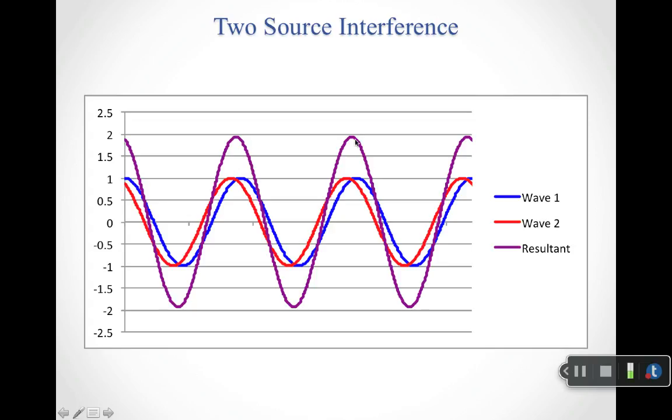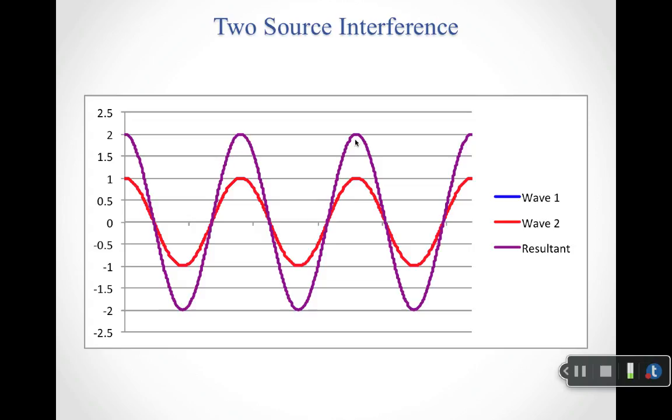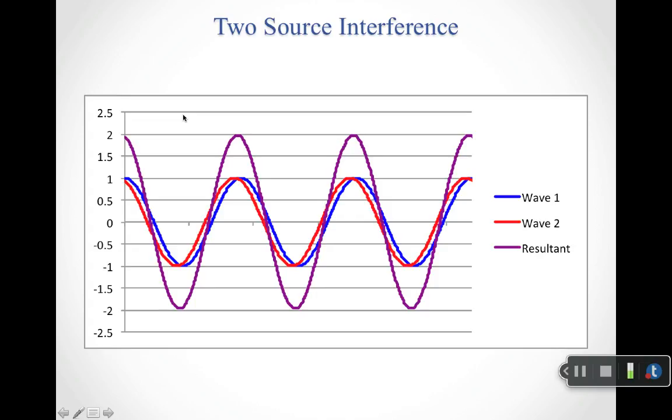Right here, since I have two identical waves, the resultant wave is twice the amplitude of my two individual waves. Let's say the scale is in meters: I had two waves with a 1 meter amplitude, and the resultant wave is 2 meters in amplitude.